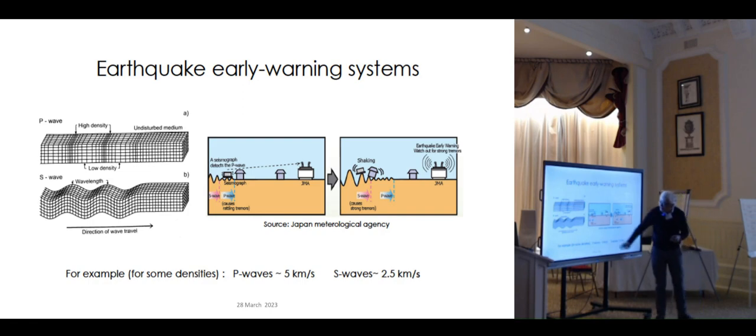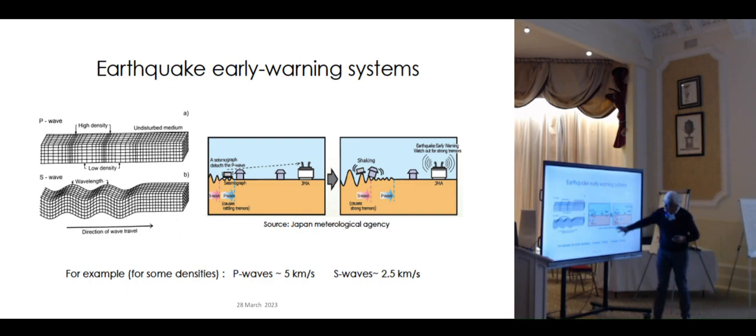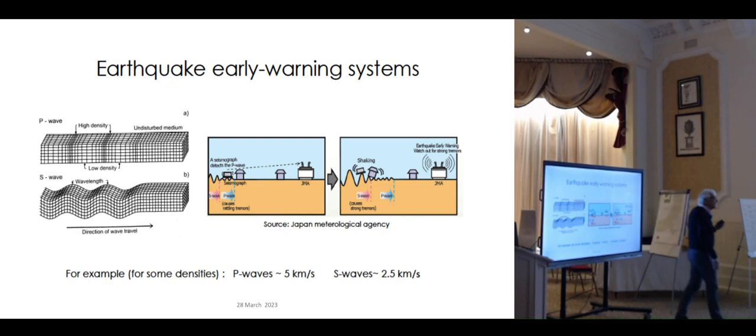And of course, it's easy to understand that P waves are propagating at 5 kilometers per second, which is much slower than the speed of light. That's the reason why, if we can detect the prompt earthquake gravity signal, we will save time. And when we save time, even some seconds, we save lives.